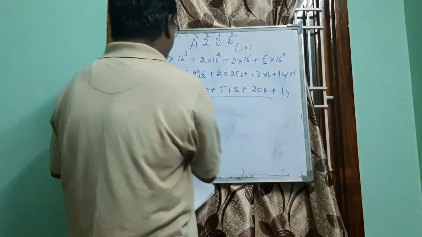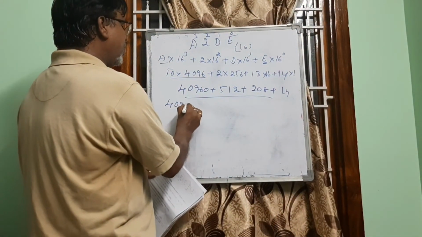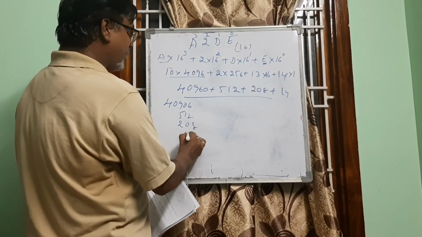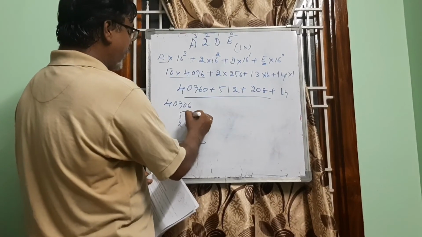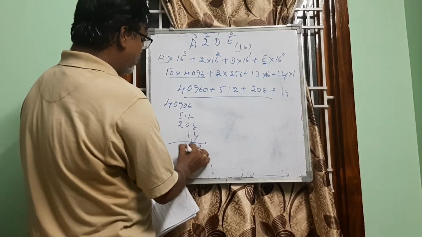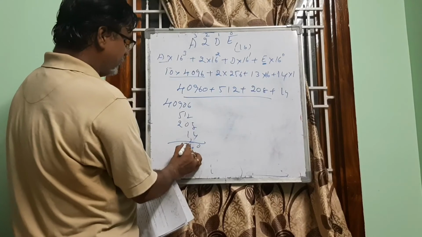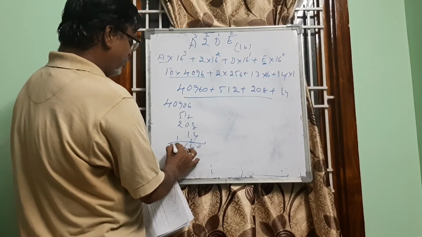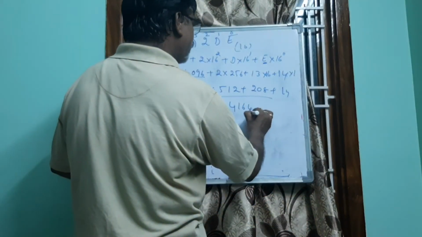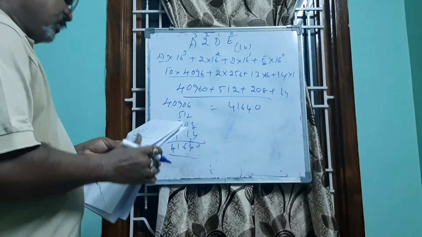So add together: 40960, 512, 208 and then 14. So this is equal to 41694.